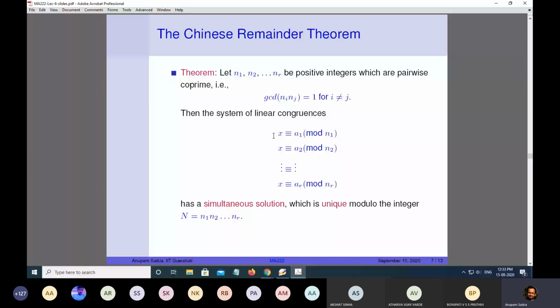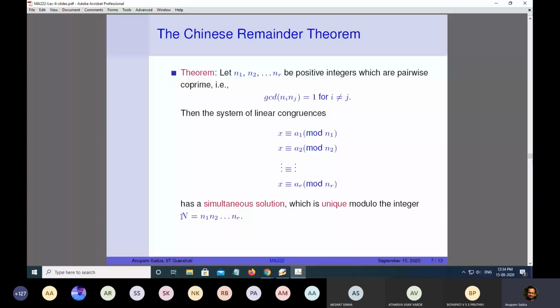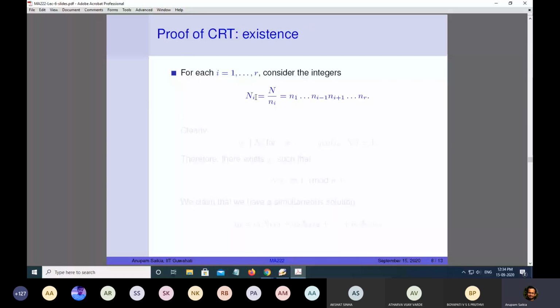So how do I do it? First, take capital N to be the product of all these n1 up to nr. Then we fix i, and define capital Ni to be capital N divided by small ni. That means you take the product of all the remaining moduli, but forget about ni.